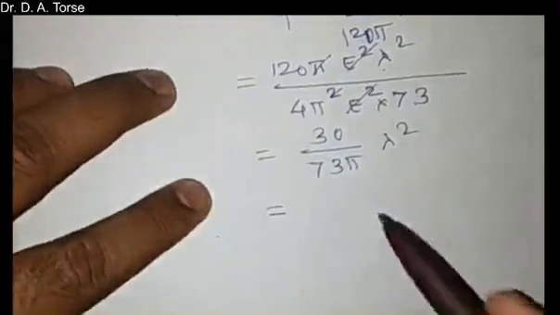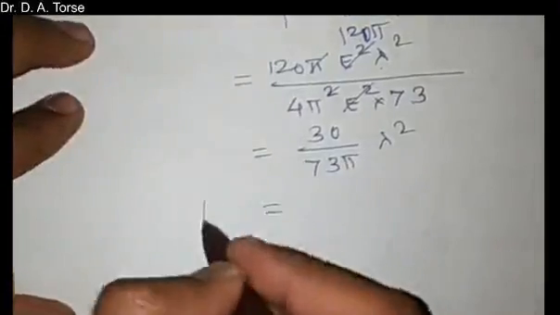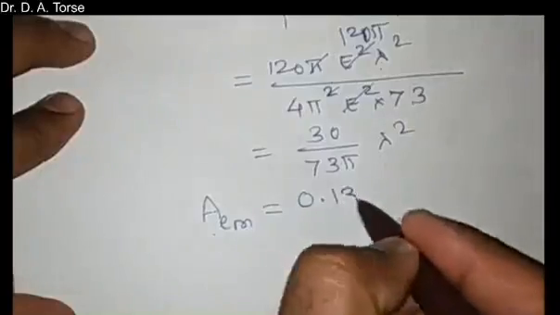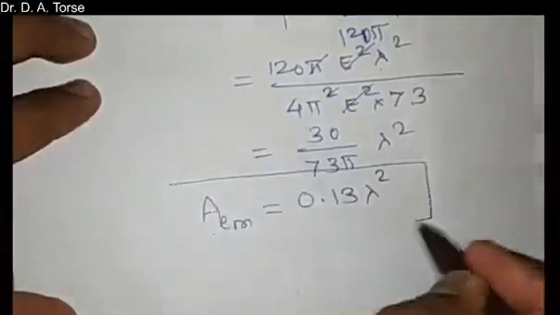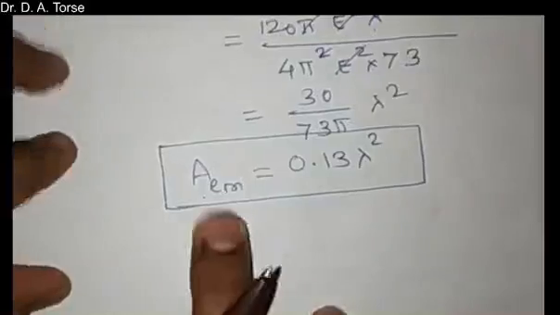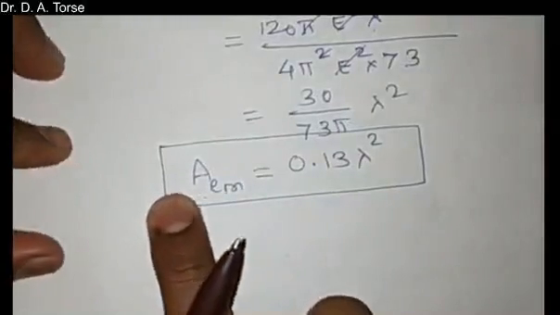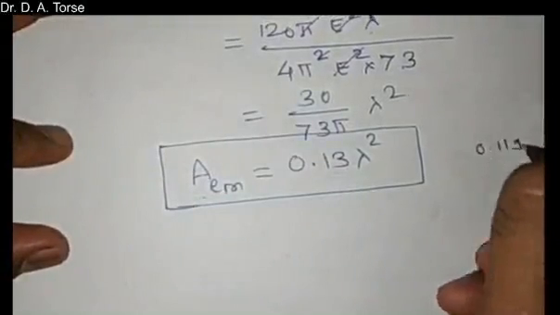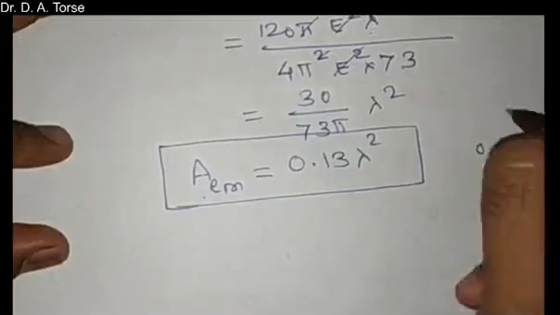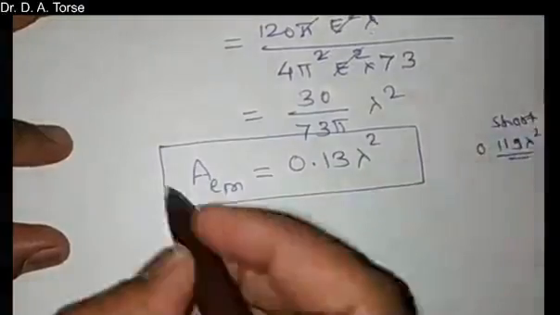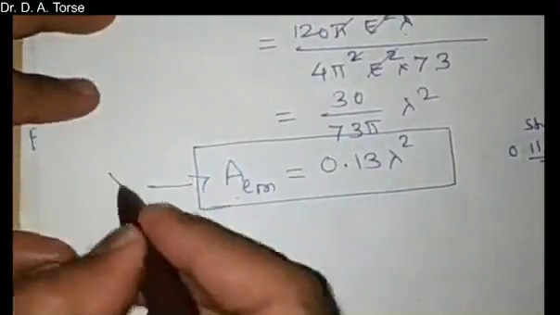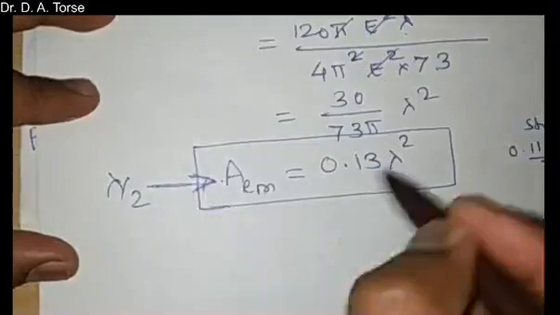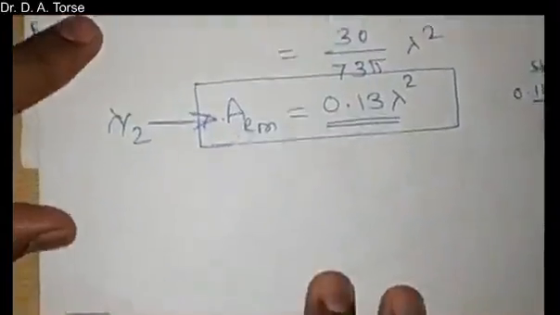So we get the maximum effective aperture as 0.13 lambda square. If you see the previous video, the maximum effective aperture of the short dipole was 0.119 lambda square. Now for the lambda by 2 dipole antenna, the maximum effective aperture is 0.13 lambda square.